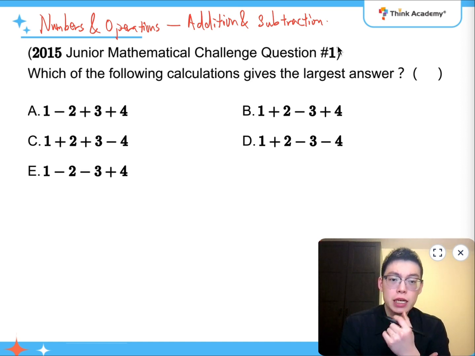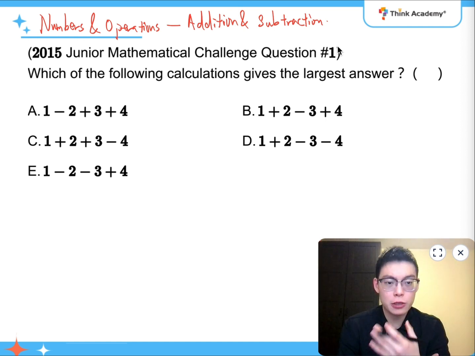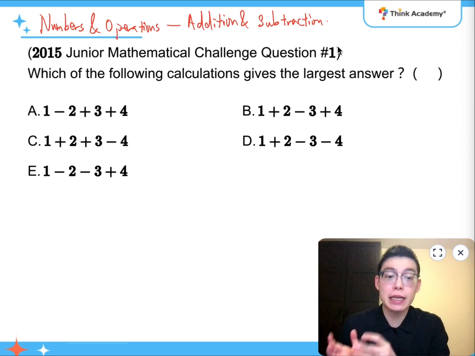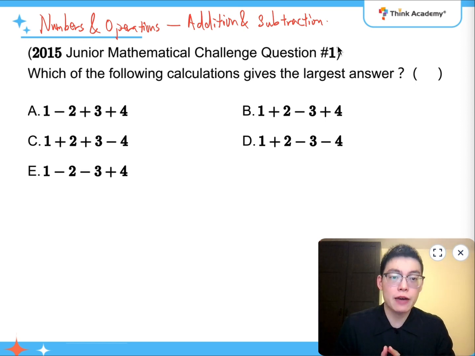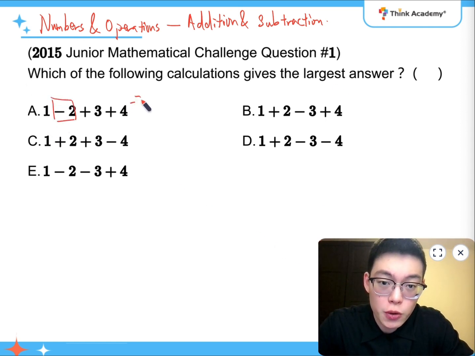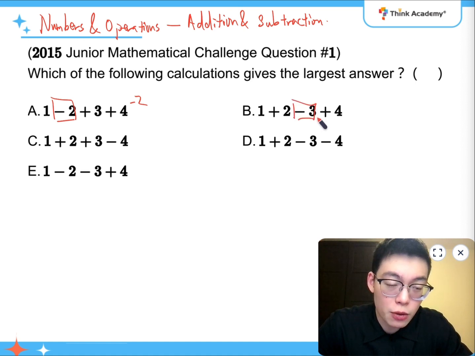Well, you can see that all the numbers used in the 5 options given are the same, right? We are using 1, 2, 3, and 4. So it means that whichever calculation has the least value taken away has got to be having the largest answer. The first calculation is taking away the 2. The second one is taking away the 3.